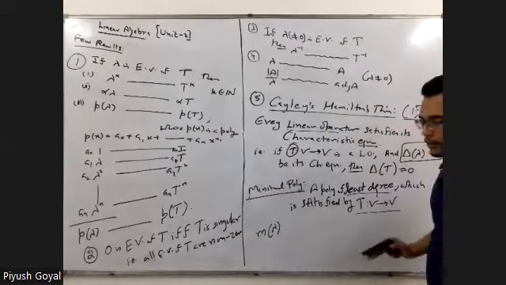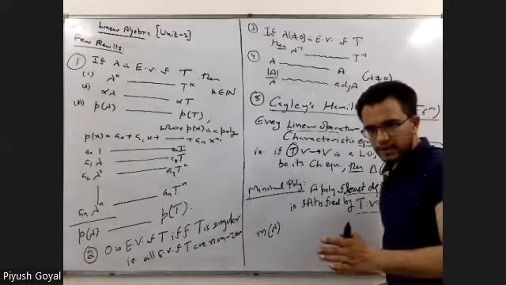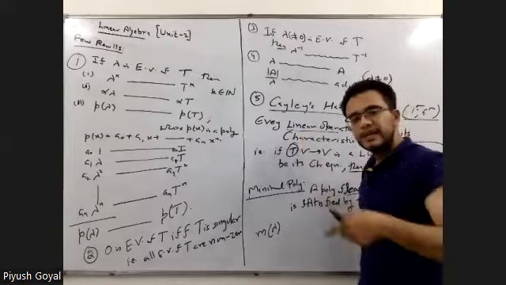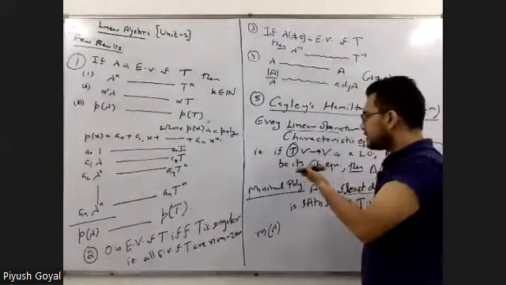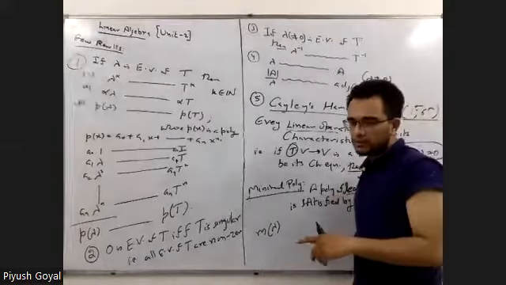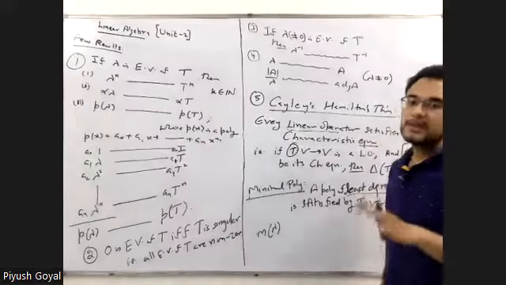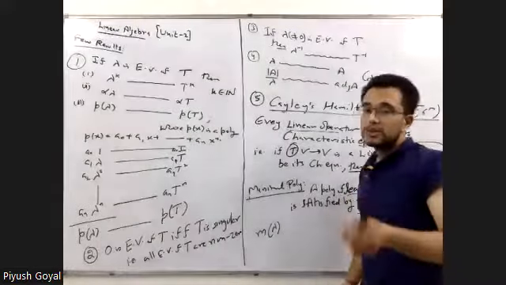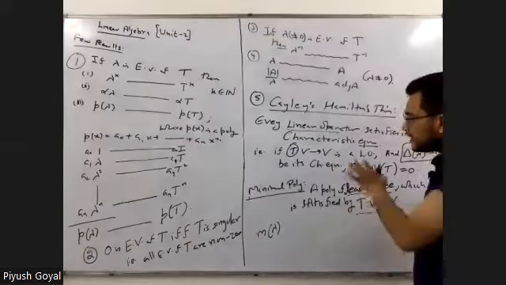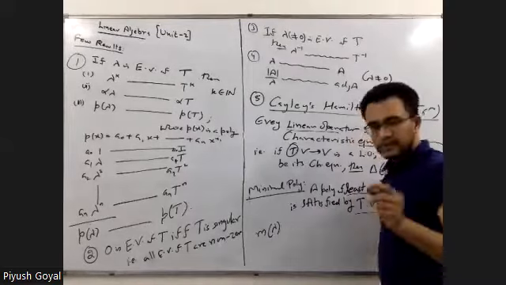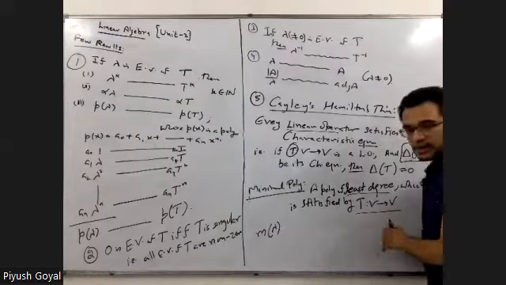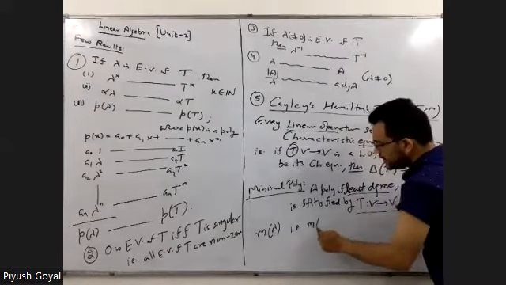So first you have a linear operator, then you find the characteristic equation, then the Cayley-Hamilton theorem says that this characteristic equation will be satisfied by T. Now the next thing is we want to find a minimal polynomial for this linear operator capital T, which is also a polynomial, but its degree is least, in the sense that it is a polynomial of least degree satisfied by capital T, i.e. m(T) is equal to 0.